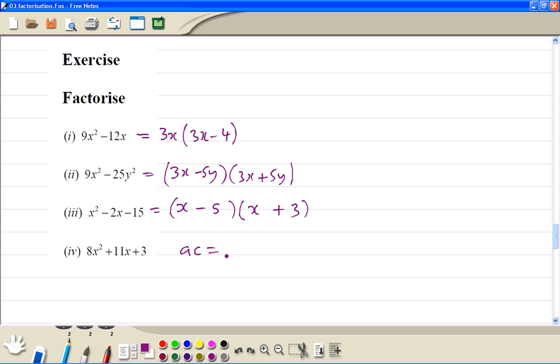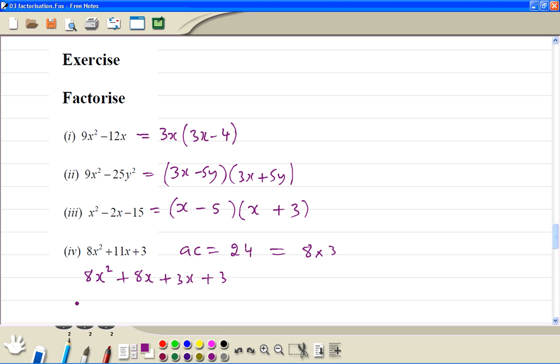AC is equal to 24. Factors of 24 that add up to 11 are 8 times 3. So we write 8x squared plus 8x plus 3x plus 3.